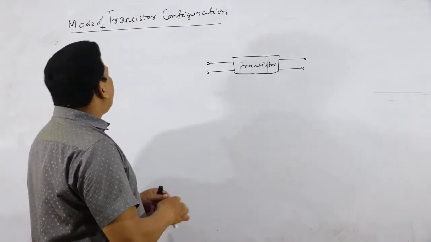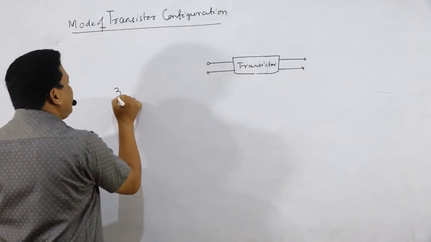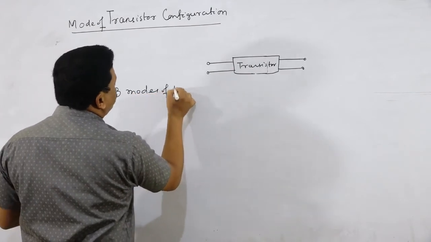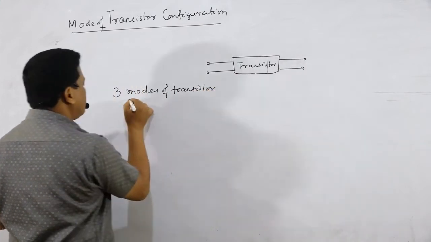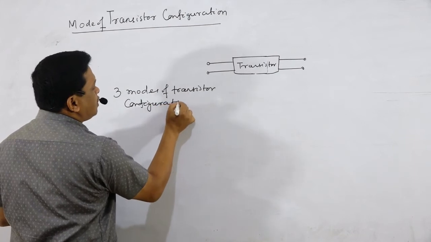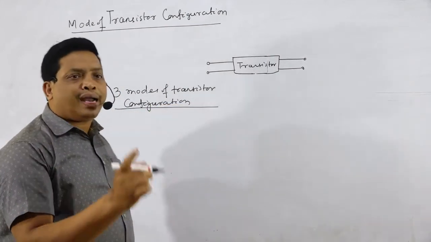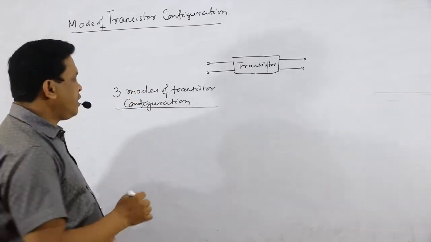So there are three modes of transistor configuration. That means we can connect the transistor in three different ways.